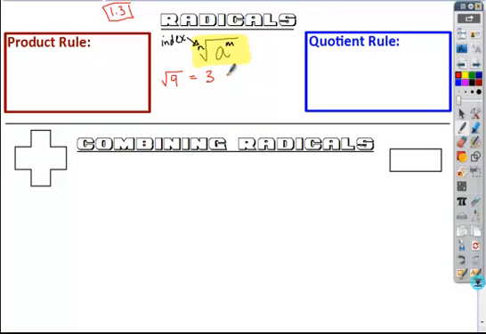Now, when you are simplifying a radical by itself, you use the principal square root. So it's just the positive 3. It's not the negative. The only time you're going to use the negative as well is if you're solving an equation where you extract a root.